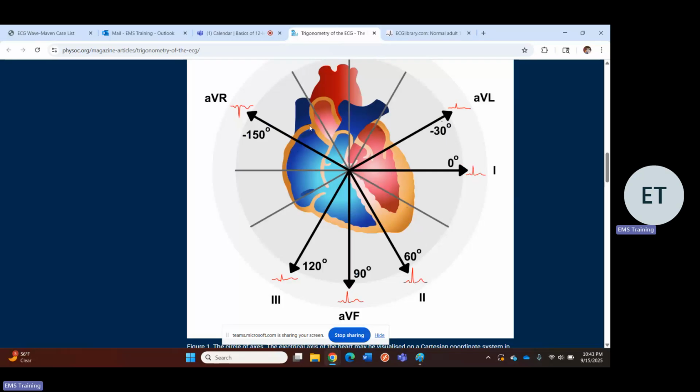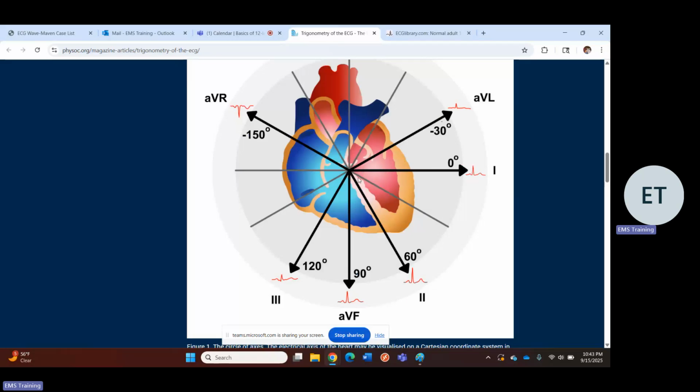So if the electricity is going from here down and down, it's primarily going in the same direction as lead 1. Not as well as in lead 2. Again, that's why lead 2 is the standard accepted monitoring lead. But it's generally going positive. So lead 1 should generally be positive. Is it exactly in line with this? No, it's not, but it's not going backwards like AVR is.